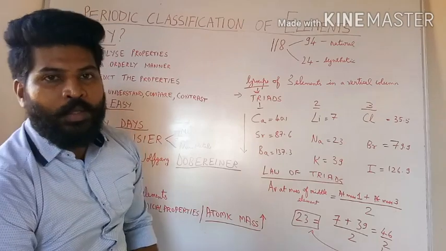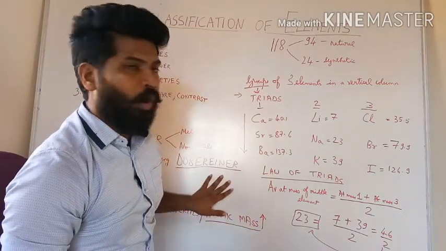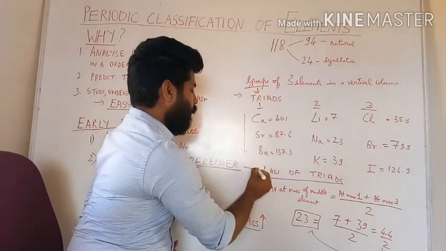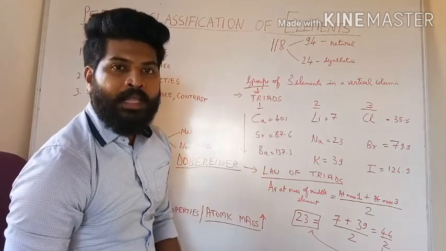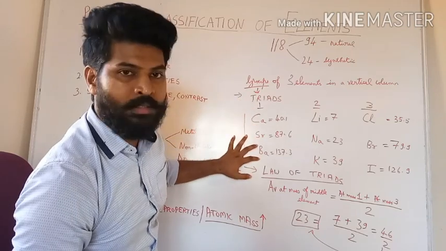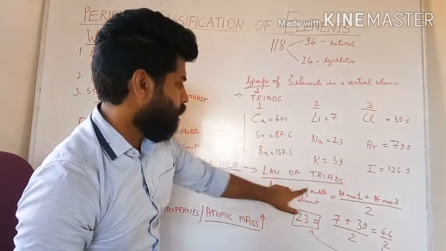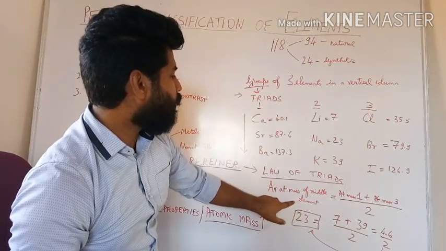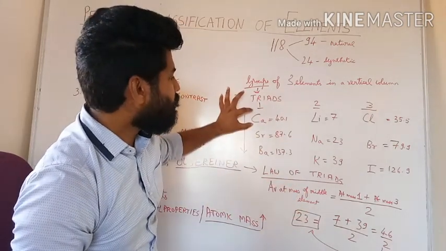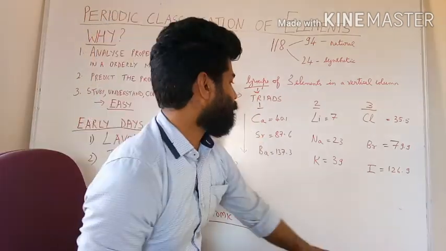There you go. So according to the law of triads proposed by Dobereiner, when we arrange the elements in increasing order of atomic mass, the atomic mass of the middle element will be equal to the average of the sum of the atomic masses of the first and the third element.